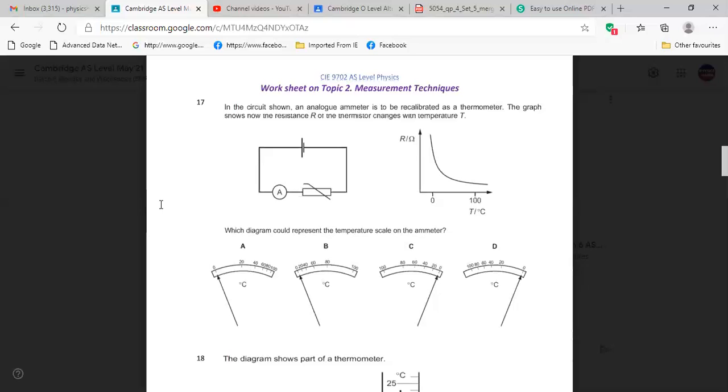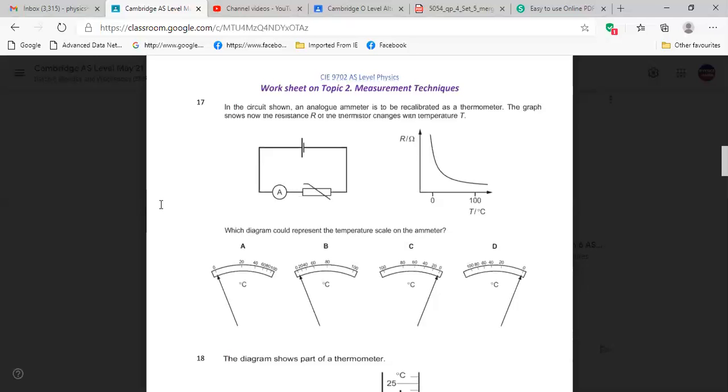So which one is showing you current increases most? Sir, B, right, sir? Oh, no, sir. Could be A, right?